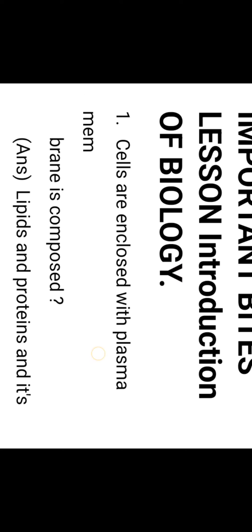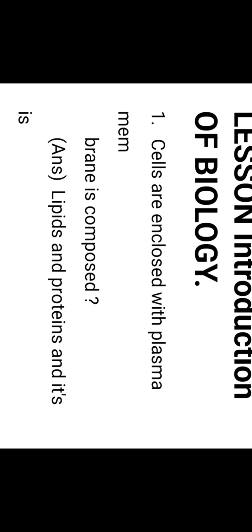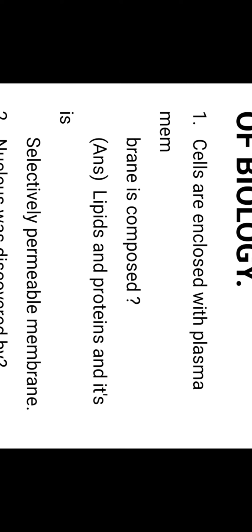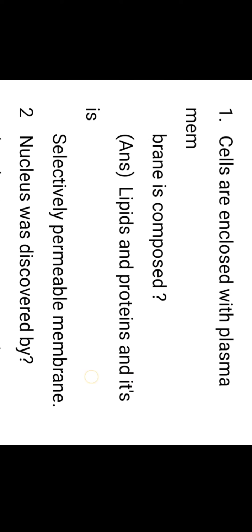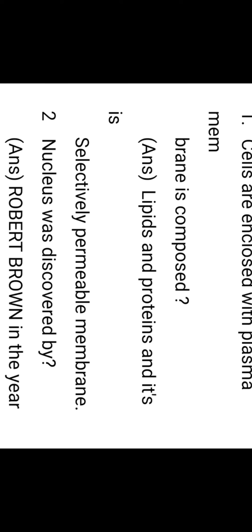The first bit: cells are enclosed with the plasma membrane, which is composed of lipids and proteins, and it is a selective membrane. Generally the cell is enclosed by one thin layer. This is known as the selective membrane.